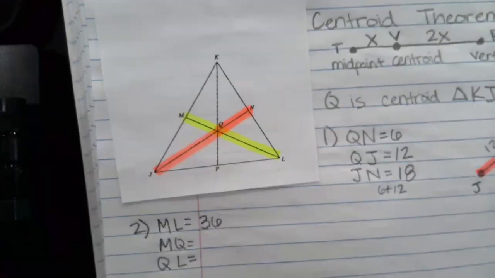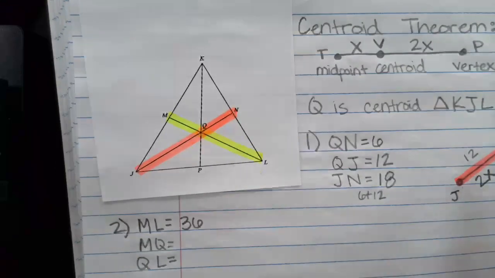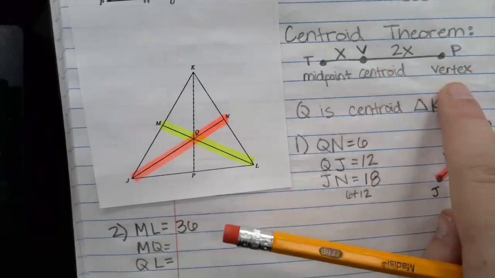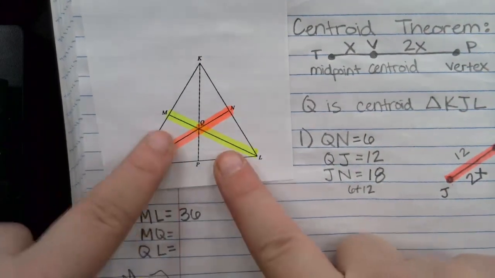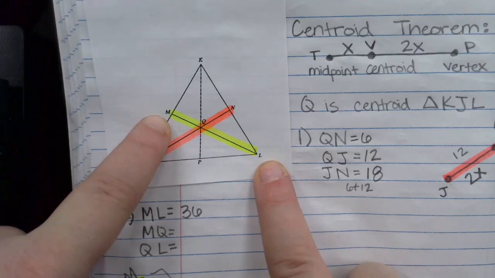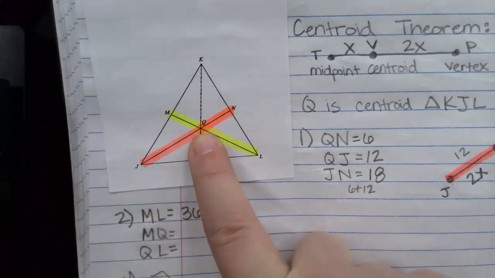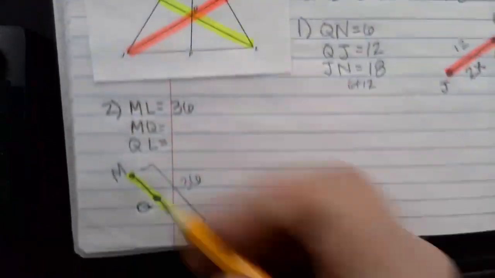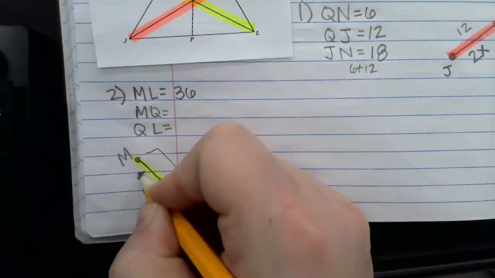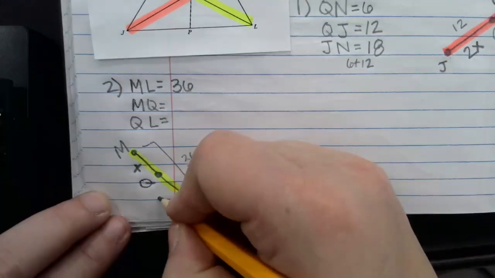Remember, midpoint means it's going in the middle of a section. 2x goes towards the vertex. That's kind of how I think of it. 2x, vertex. 2x, vertex. Okay? So where is our x and our 2x going to go? What will go with MQ? X, good, because M is at midpoint. So here's our x. And then QL will be 2x.